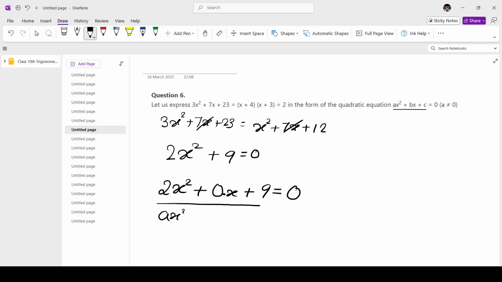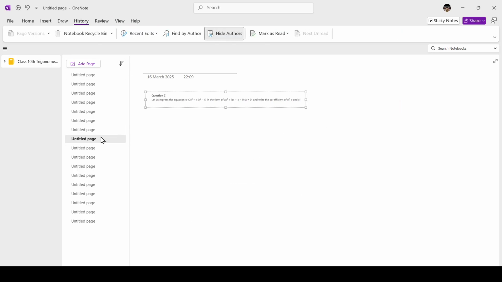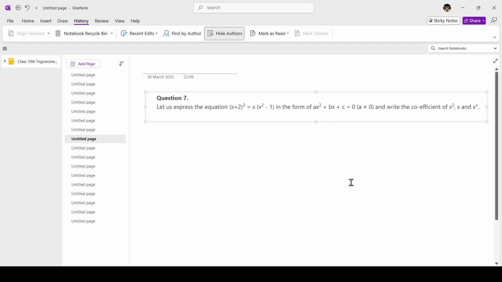Now you can see it is in the form of ax square plus bx plus c. So this is our task that we have about. Now the next part. Here we have to solve it in the same way, it is very easy.